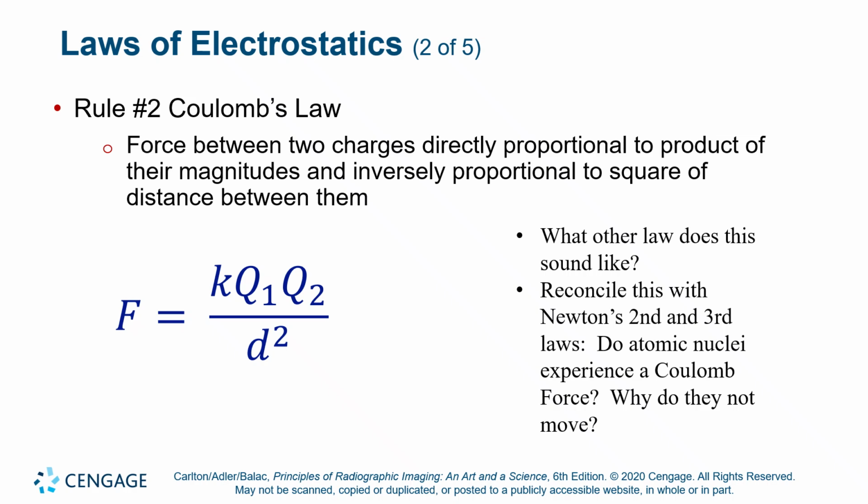I think it's related to that epsilon we saw in electromagnetic radiation. Remember Maxwell's equation, epsilon naught? I think K is related to epsilon naught, the electric permeability of free space. And then it's inversely proportional to the square of the distance between them.